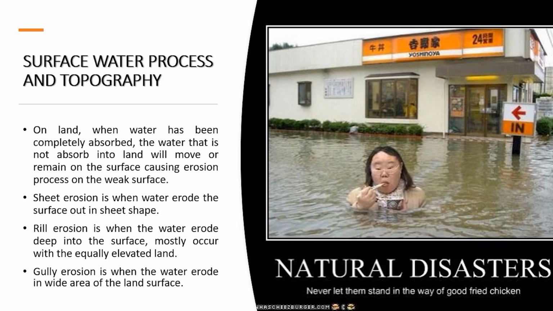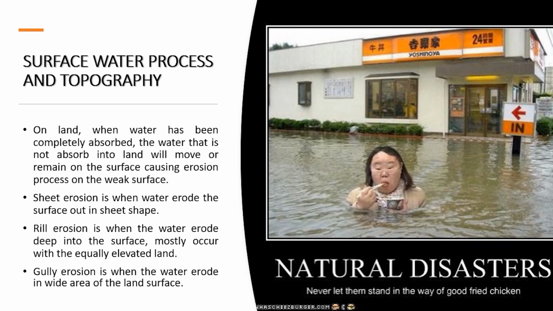Next is rill erosion. This is when the water erodes deep into the surface, like when you dig a hole and then you fill it up with water. It erodes not to the side or to the lower elevated area, but it goes down in a vertical manner. It goes down into the ground, causing the area to get deeper and deeper.